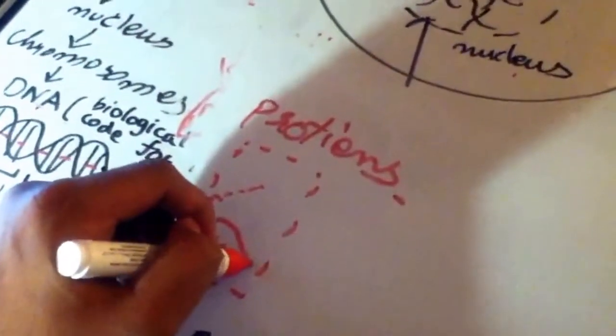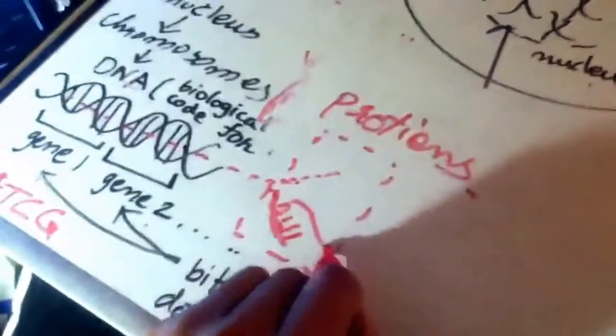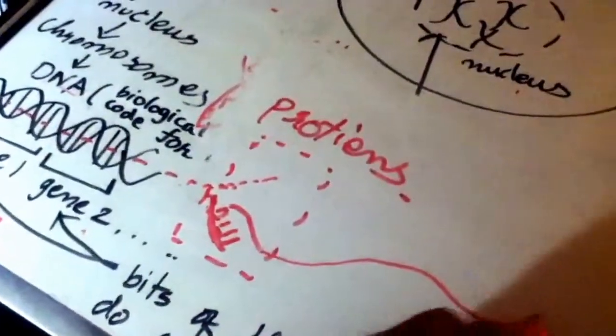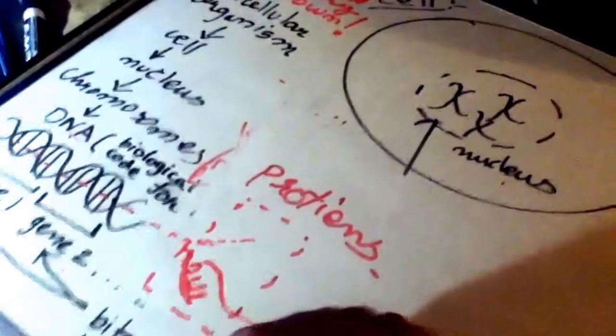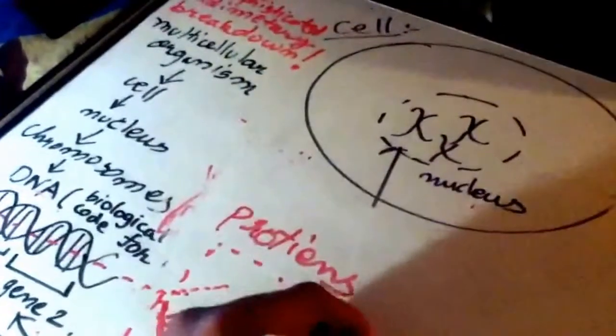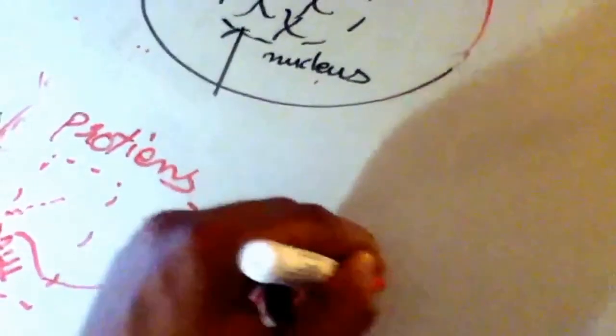And they pass on the information by making a different kind of structure, which is called mRNA, where M stands for messenger RNA. So it's the messenger RNA, and this is what is used to make different kinds of proteins.